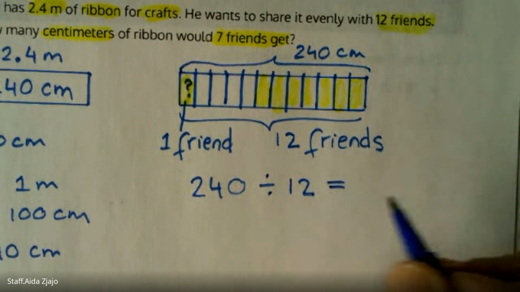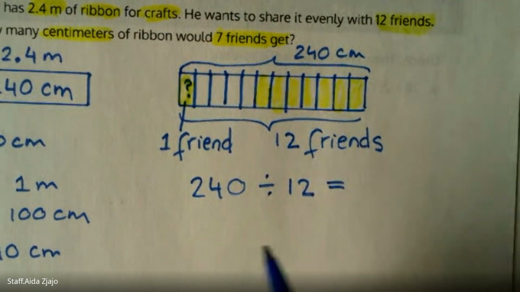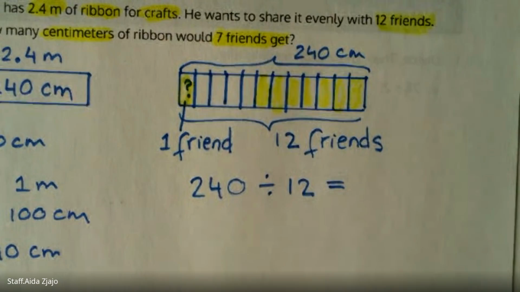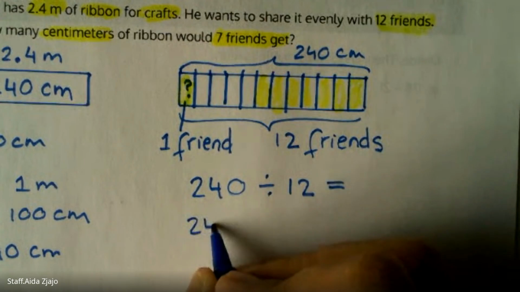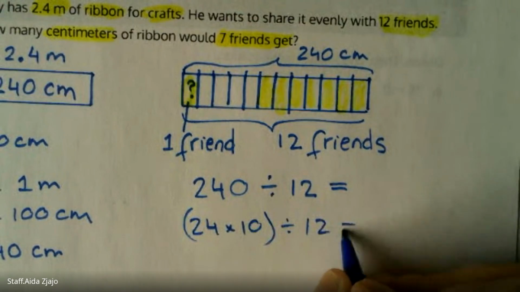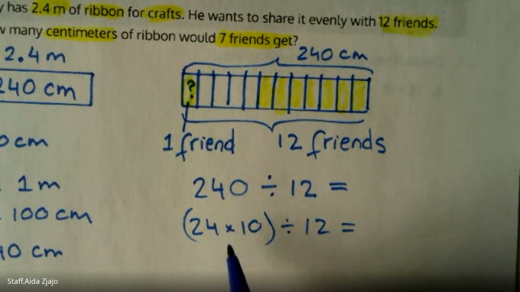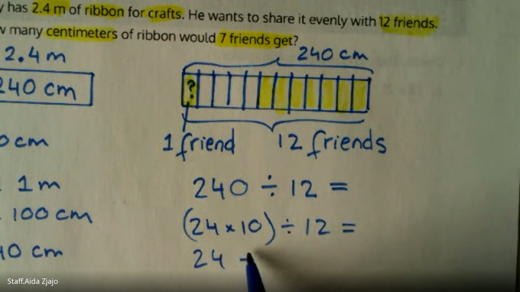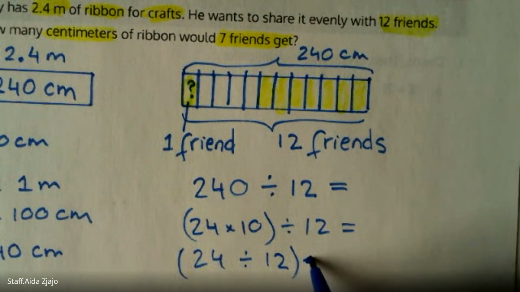ZEARN is teaching you that you can decompose this: 24 times 10, then divide by 12, and then you can say 24 divided by 12, then multiply by 10.